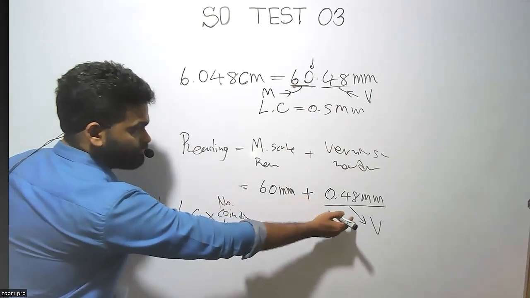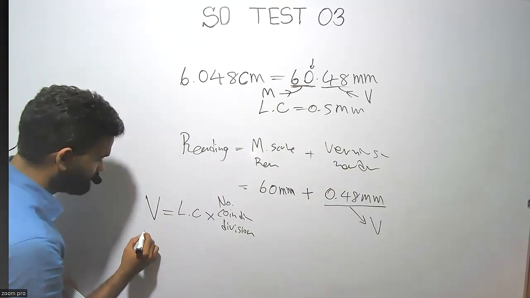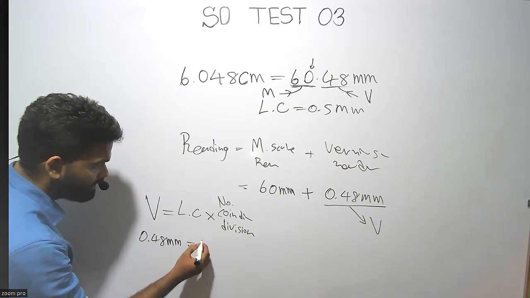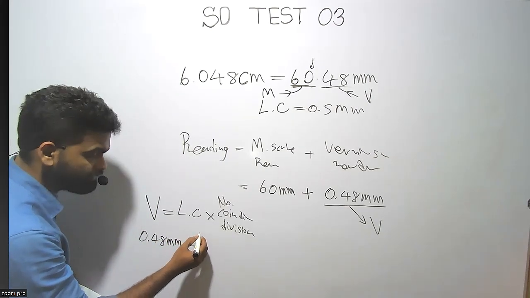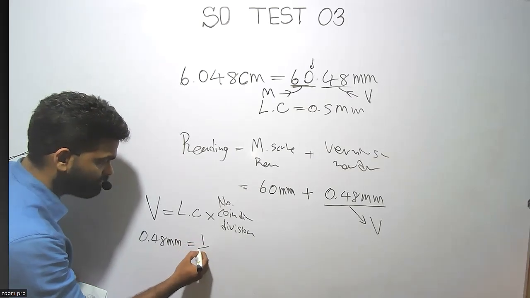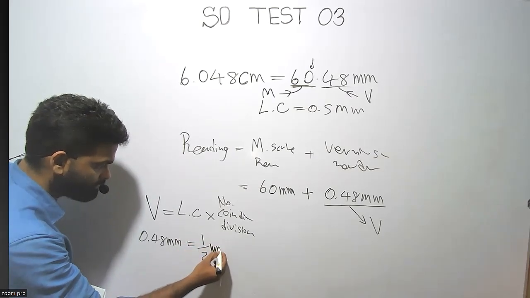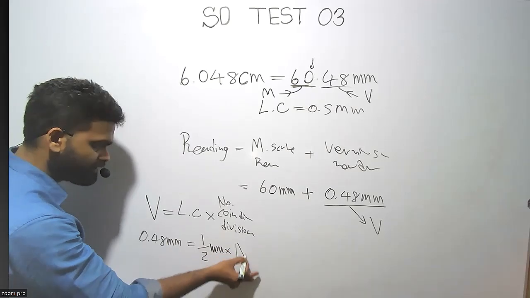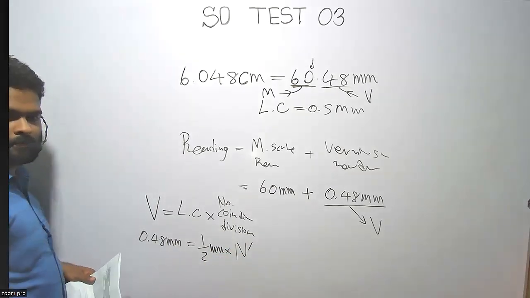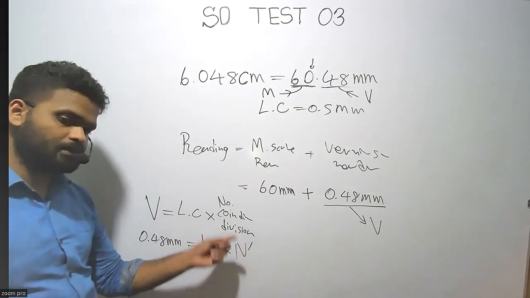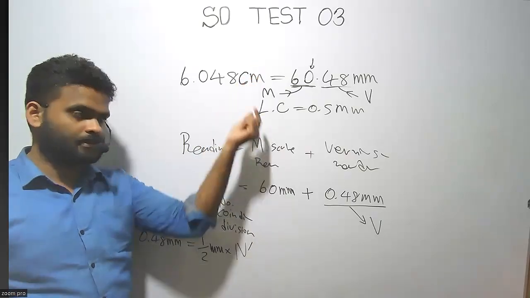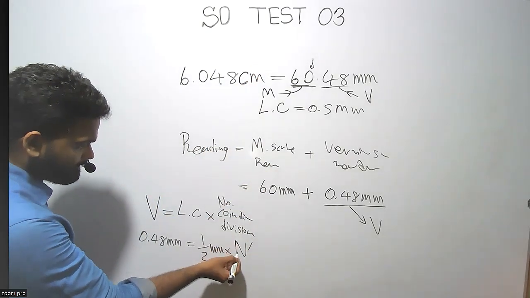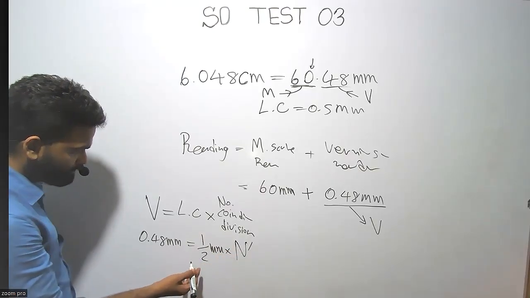So from this one, vernier reading is 0.48 millimeters. Least count they have given as 0.5 millimeters, meaning half millimeters. So I'll say the number of coinciding divisions as capital N, N dash. So this number coincides with the main scale, right? So what do you get?